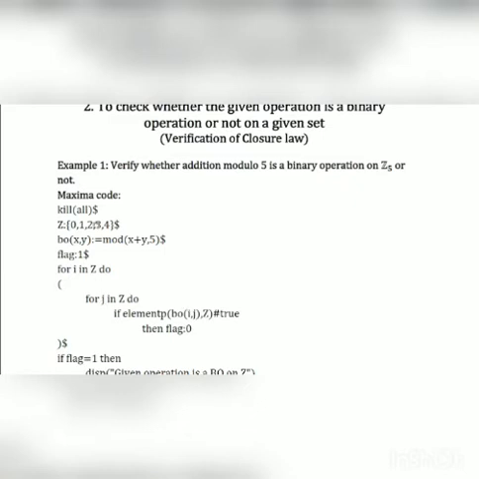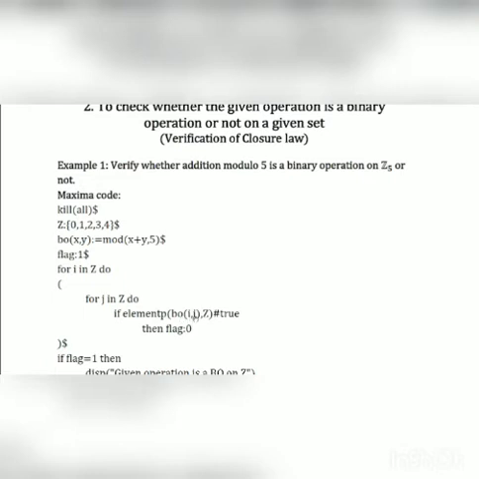So for this case, the flag remains 1. Now j has been exhausted. It has taken values from 0 to 4. So the next loop comes back to I. Yes, I has taken 0. Now I will go to 1, and you have to give j 0, 1, 2, 3, 4. Again it verifies.